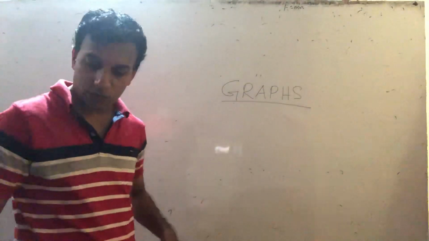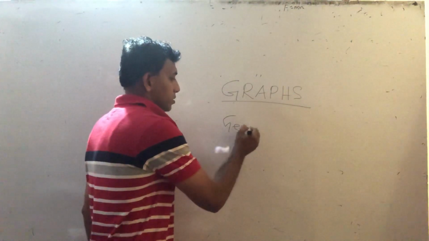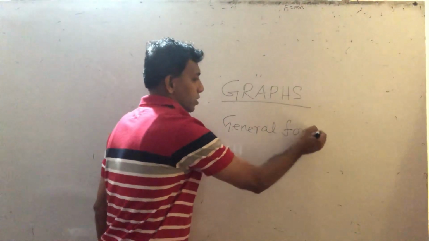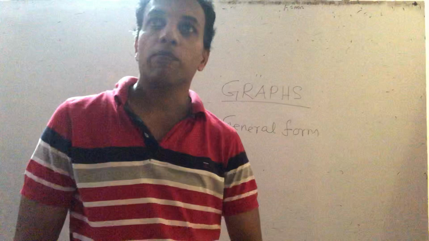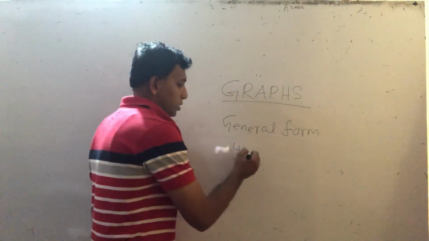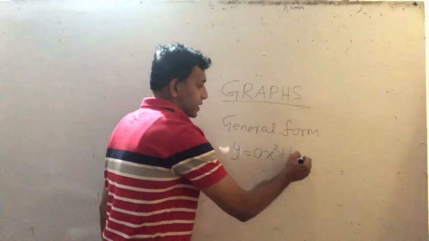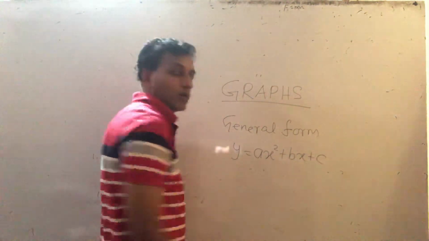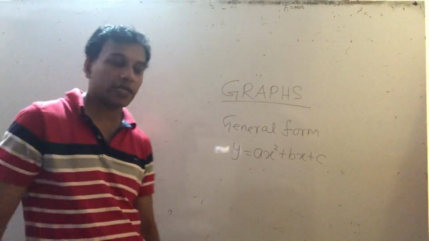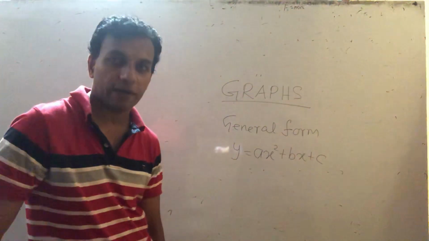Next, the general form of this quadratic function: y equals ax square plus bx plus c. This is the general form of our O-level type graphs.